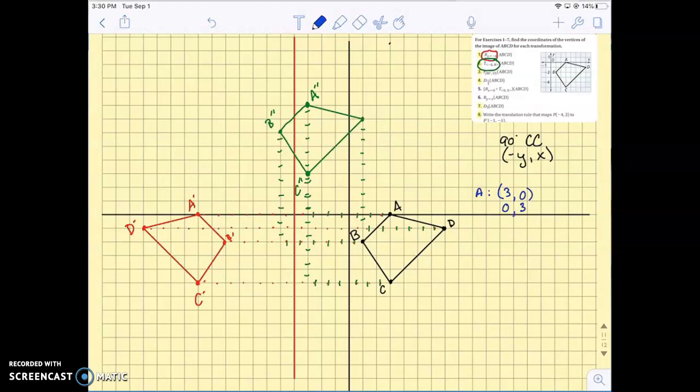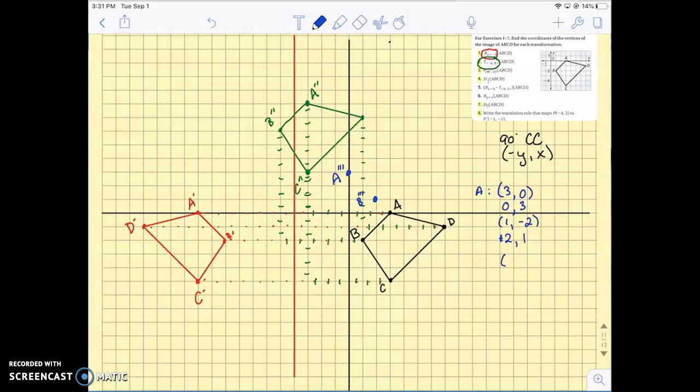So my new coordinate is at 0, 3. There it is. A triple prime. My coordinate for B is at 1, -2. So I'm going to swap and then change the sign of the x. So now I'm at 2, 1. So there's B triple prime.